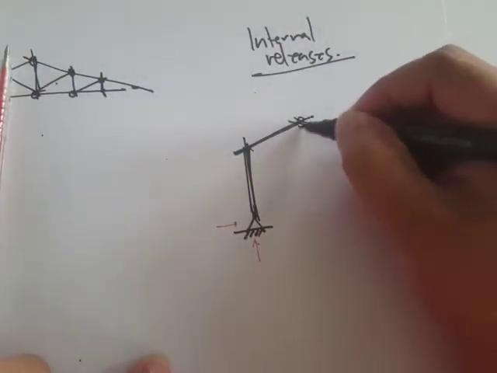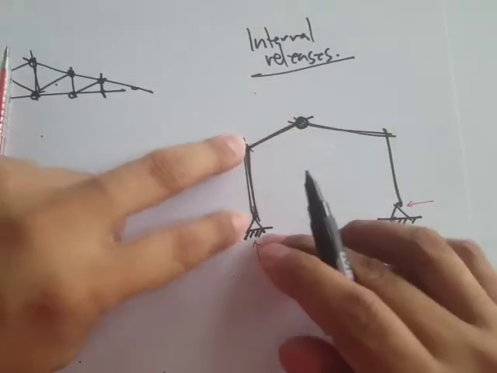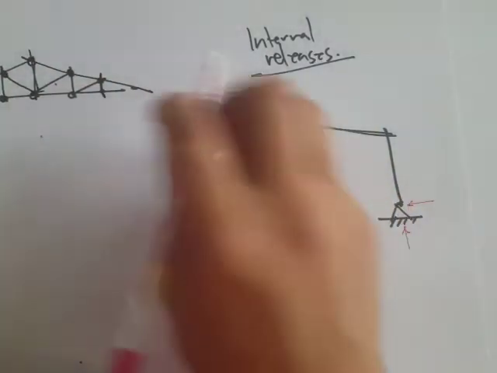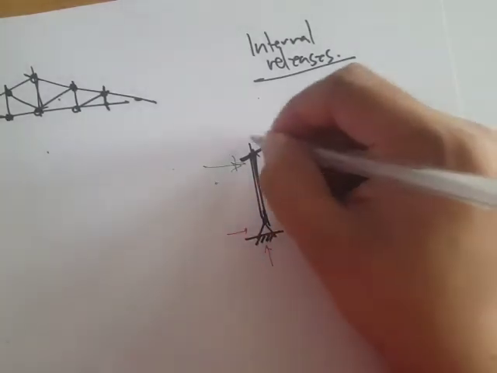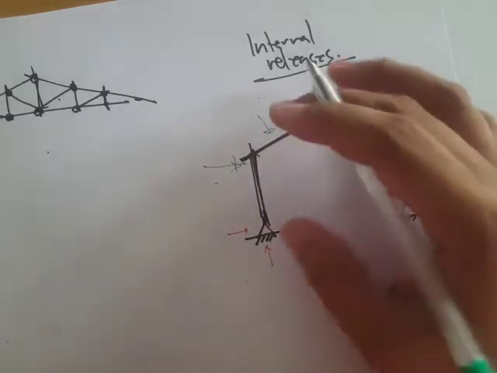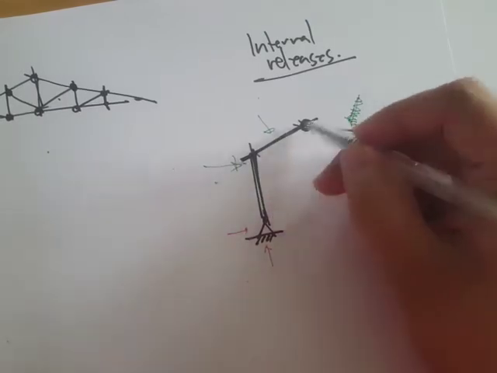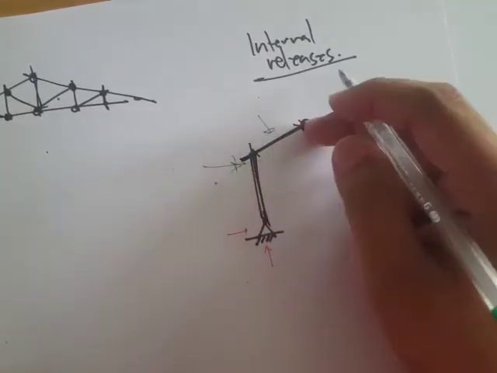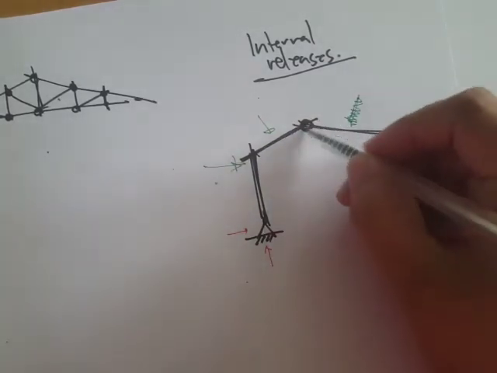Let's say we put an internal hinge. Okay, so meaning instead of passing the internal moments, the internal loads, to the other members, it actually releases it.